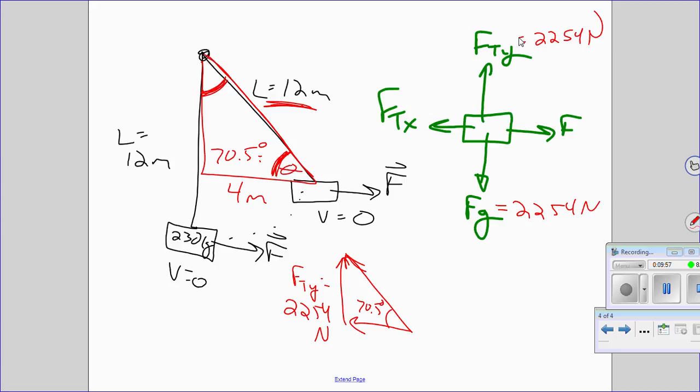So if you do that, that x component turns out to be 796.9. Did I say that right? 796.9. And therefore, the applied force has to be that same value, right? Good? Everybody good? Okay, so that's the deal then.